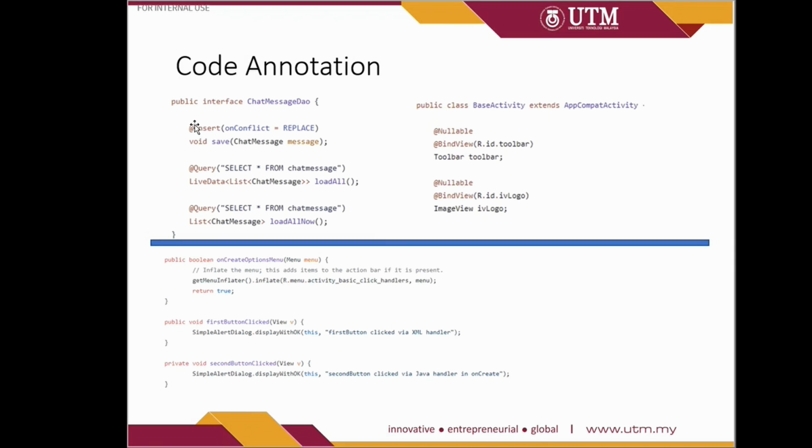For example, we add insert, which is just a method or function. The second one, query, is something that we can straight away query, instead of writing a long line of code and putting in many lines, which increases the complexity of the code and also increases bugs.